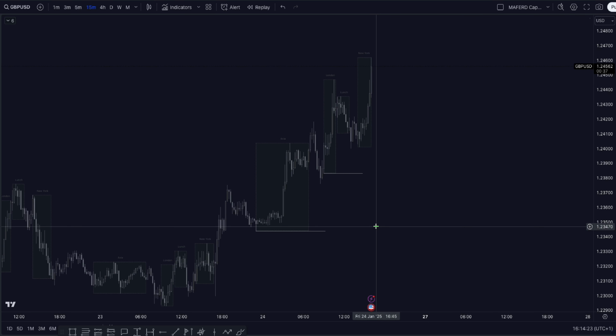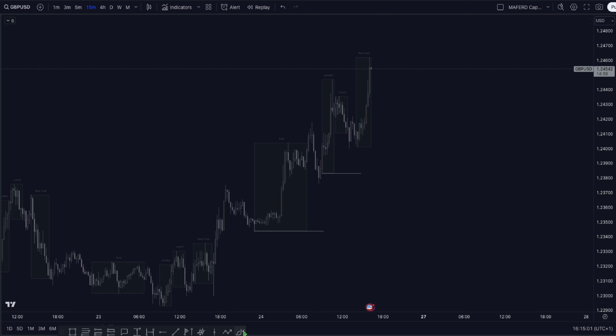In the same way, I also use the lunch session, in a very similar way, because the lunch session for me is a manipulation session, let's say. Why? Because it is usually the session where the price slows down, and it usually creates a wick high or low, where the price manipulates before the expansion during the New York session.